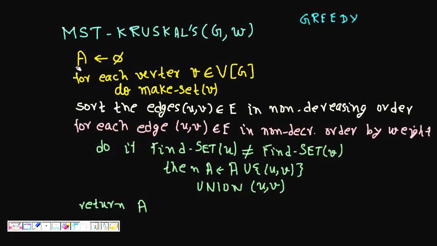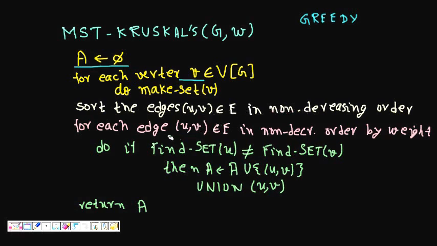A is our minimum spanning tree set, and it is initially a null set. Then for all the vertices V in the graph, we make set V, that is, we make a new set for all of them. Then sort the edges in non-decreasing order.